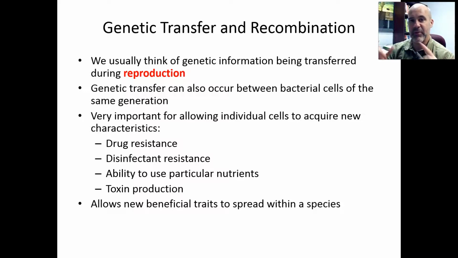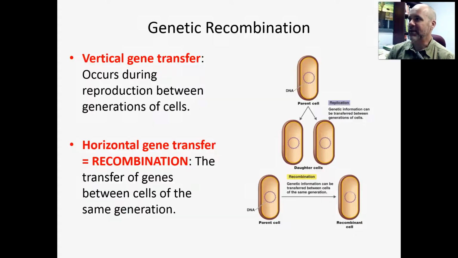So there's a gene for that toxin, and it has been discovered that in some cases, cells that have the gene for that toxin can transfer it over to cells that did not. So this is a method for transferring beneficial traits to members of the species who don't already have that trait. And beneficial in terms of benefit to the bacterial organism, not necessarily to human beings.